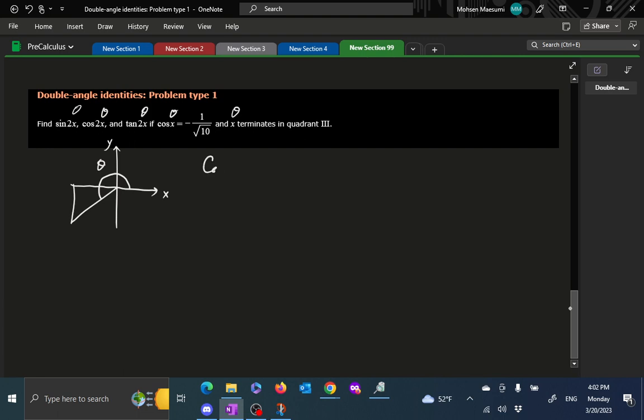Cosine of theta is x over r. X is my adjacent. So this is minus 1. This is radical 10. Is that right? Denominator is the hypotenuse, and the numerator is either adjacent or opposite, or x or y.